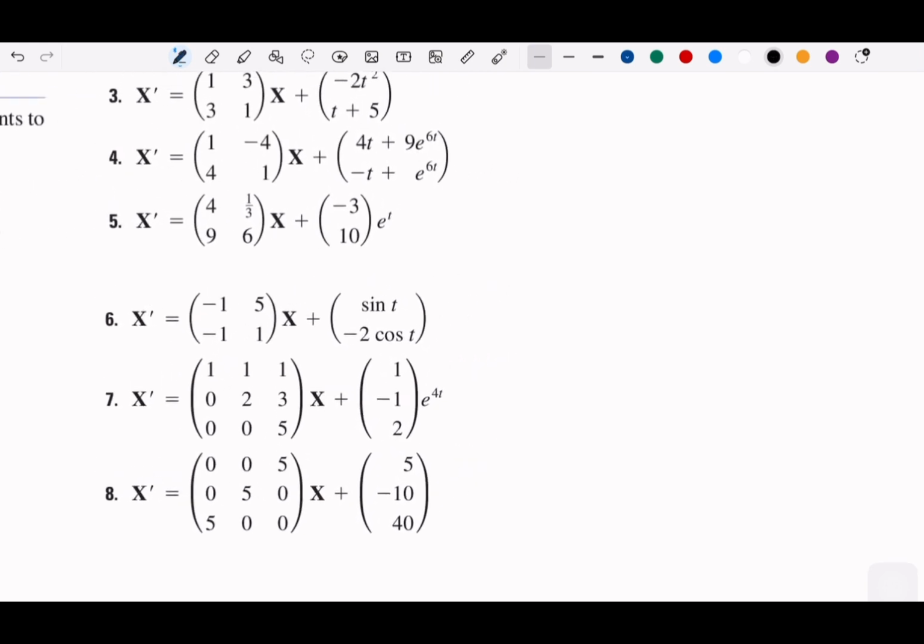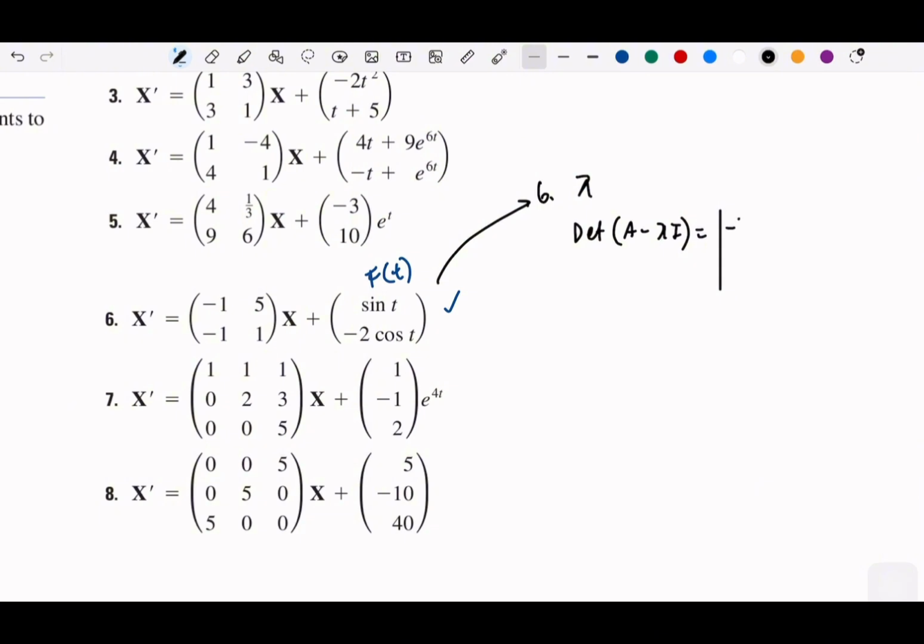So for example, if we try number 6, this will be our f, right? And as usual, we start by taking the eigenvalues. So we get the determinant.